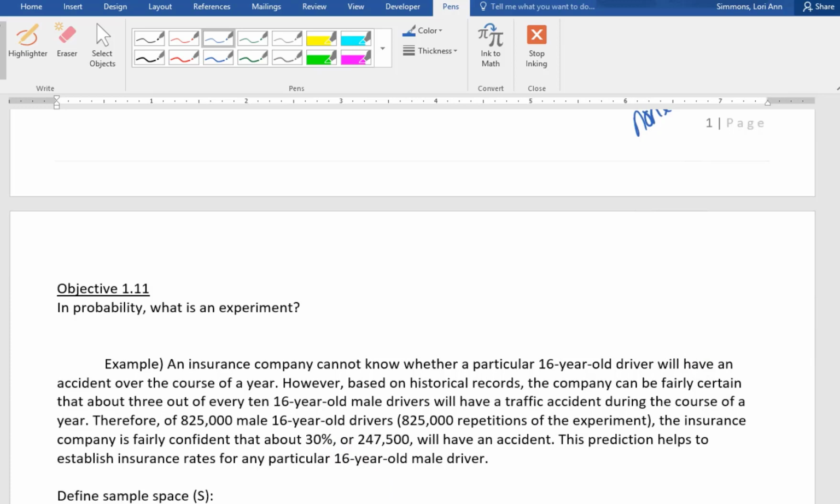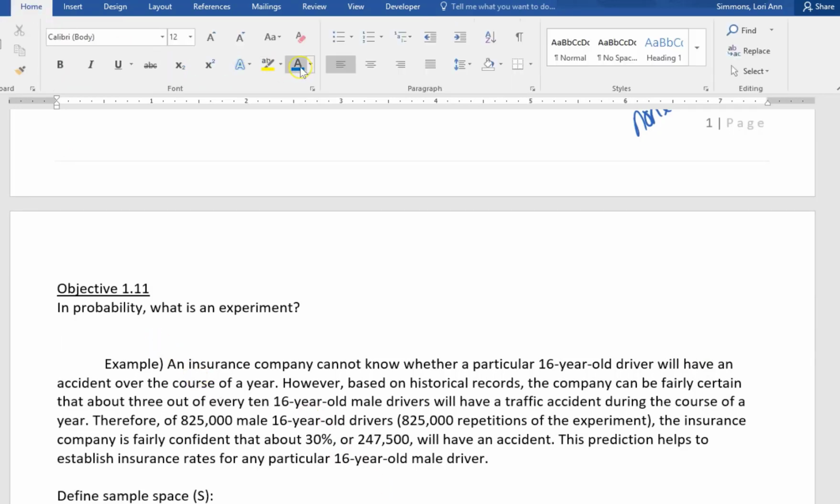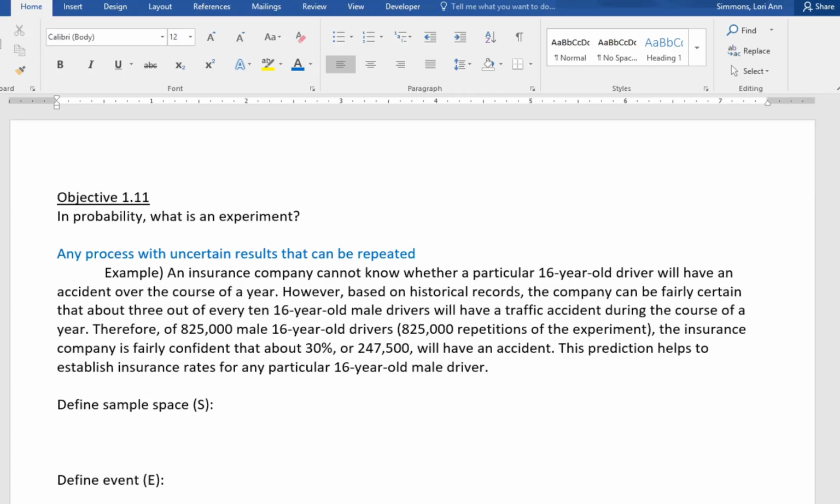So in probability, what is an experiment? It is any process with uncertain results that can be repeated. Here is an example of that. An insurance company cannot know whether a 16-year-old driver will have an accident over the course of a year.